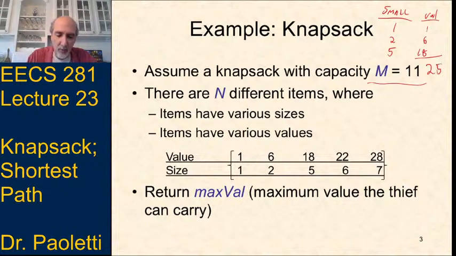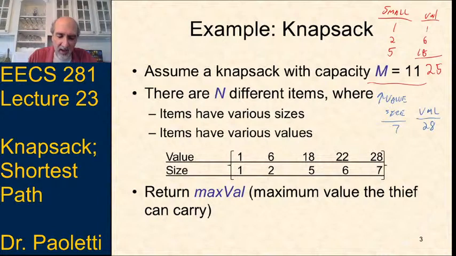All right, so let's just change colors. What if we go with the highest value? That was the smallest size. If we go with highest value, I'm going to do the columns the same way: size and value. So if I go with the highest value first, I've got a value of 28 and a size of 7.